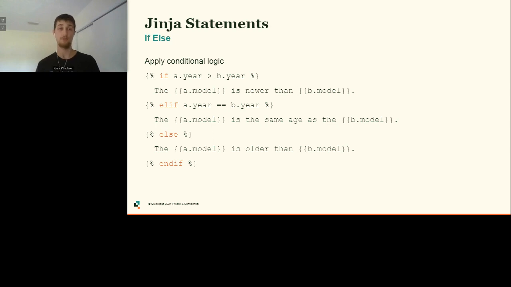If neither of those are true, then we want to do this last final piece, and then we end it. One thing to keep in mind is that within Jinja statements, specifically with the if else and the for loop, we need to have that end if that we see here at the bottom.